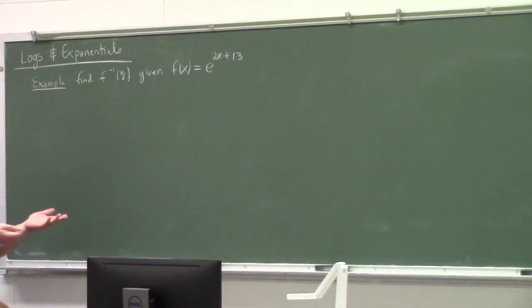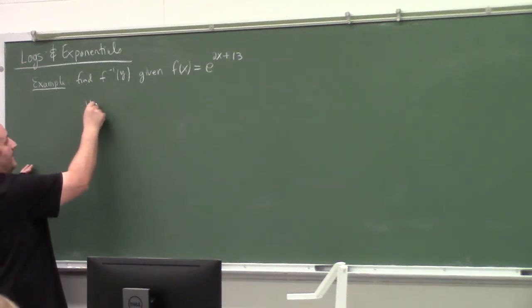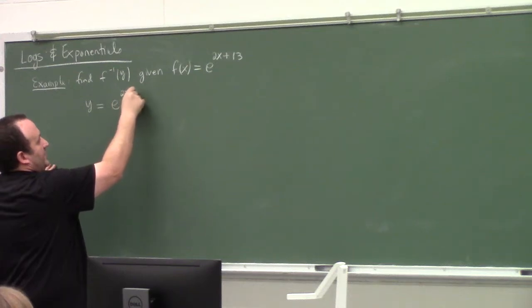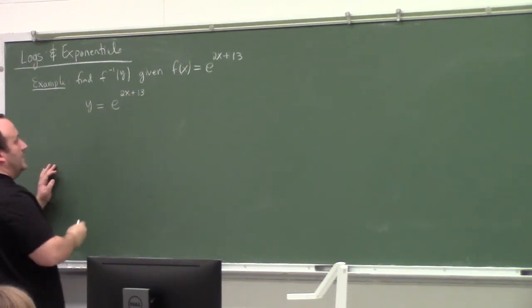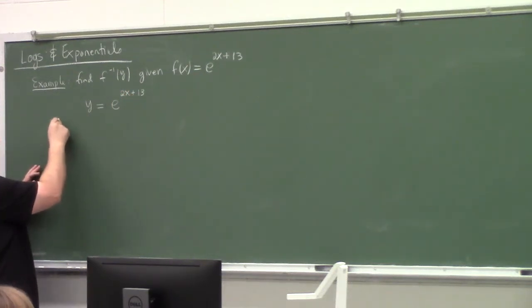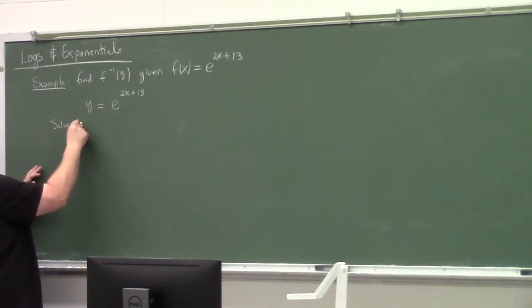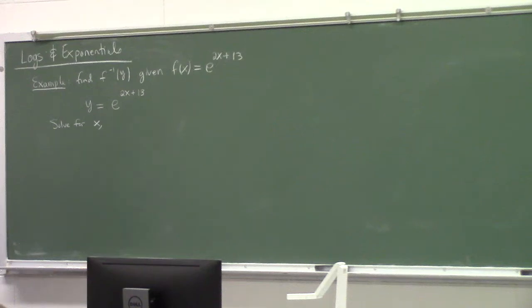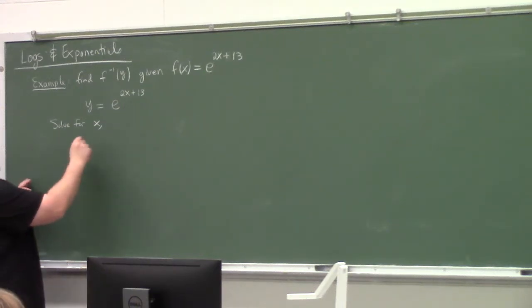We start by writing y equals the formula. And what do we do after that? Next move, we solve for x. So how do you solve for x here? Get rid of the e. How do we get rid of the e? Yeah, take the ln of both sides.